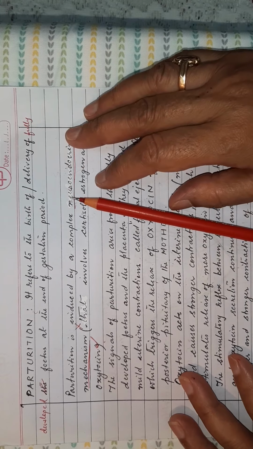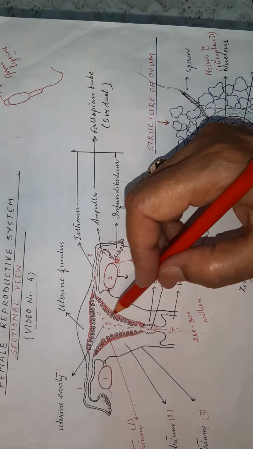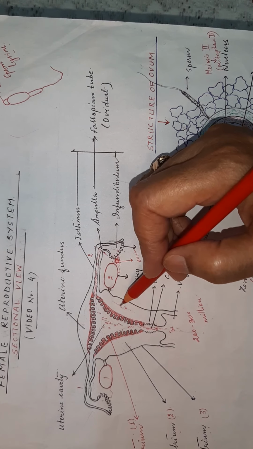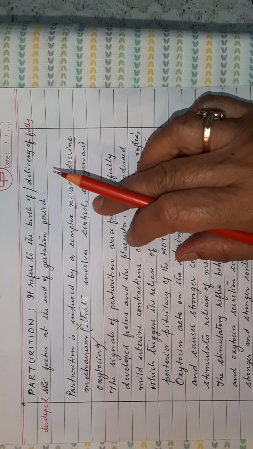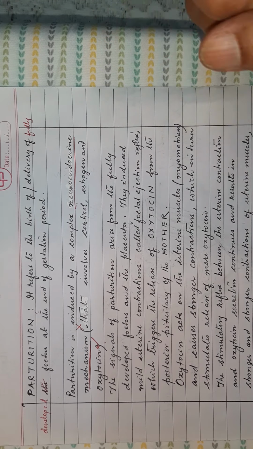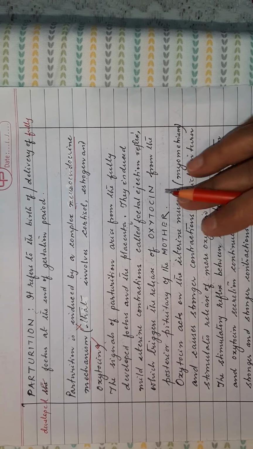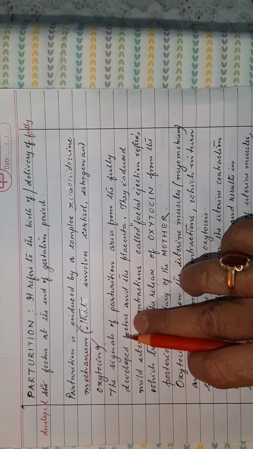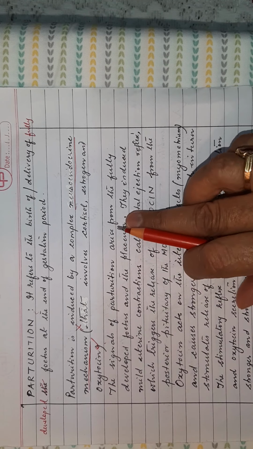Smooth muscles are present in the myometrium and they are responsible for contraction of the uterus at the time of childbirth.